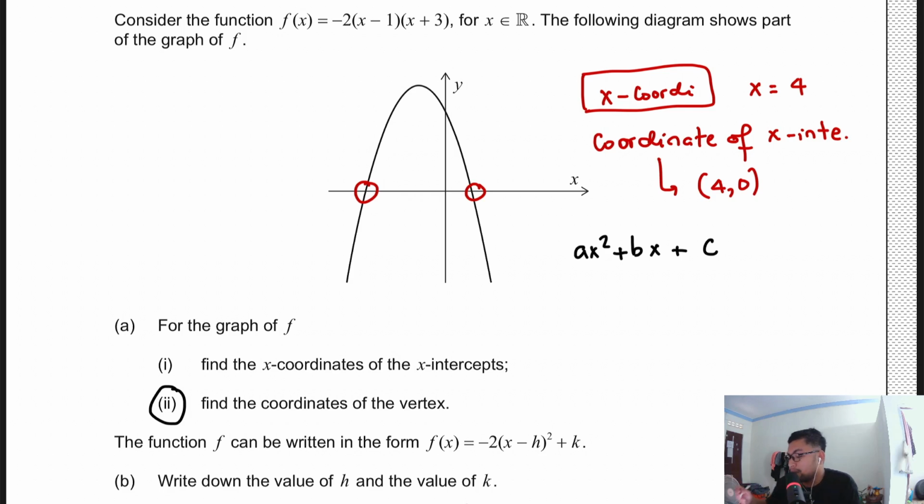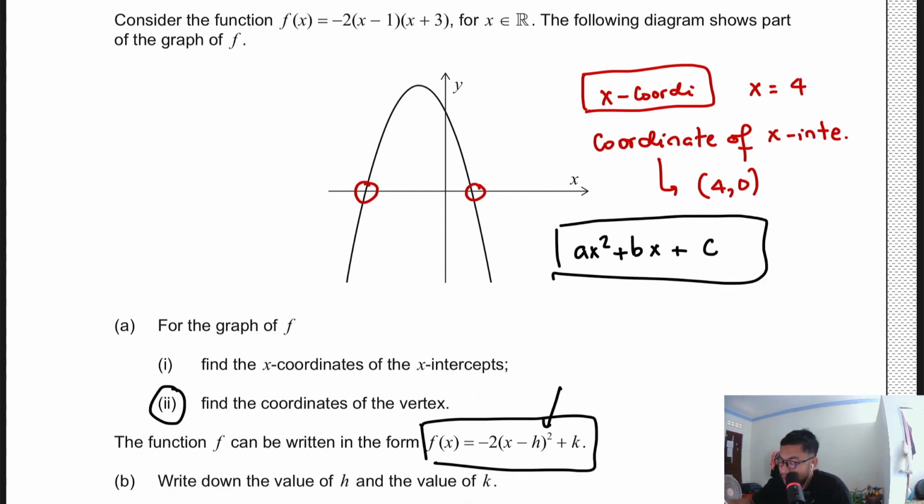Or if they give us the quadratic function in this form, we can just take h and k as the coordinate of the vertex. But what if they're giving us neither this nor this? What should we do?